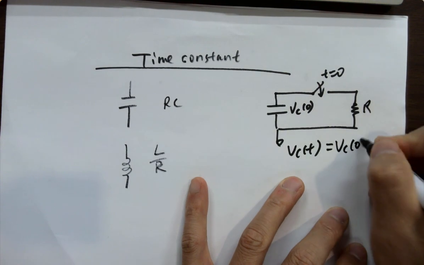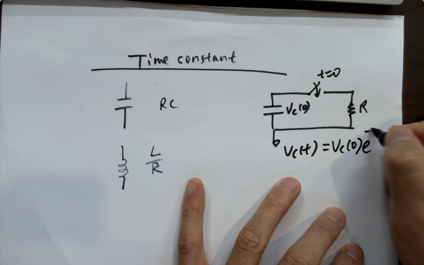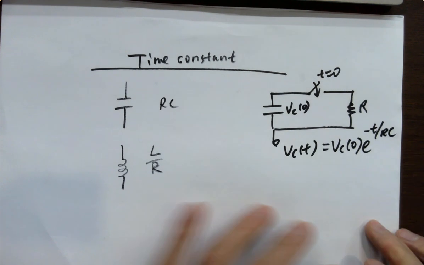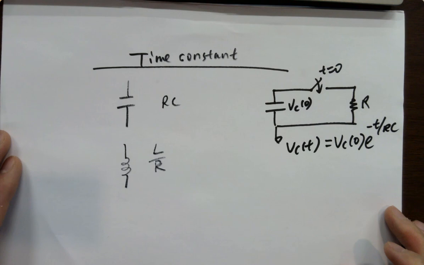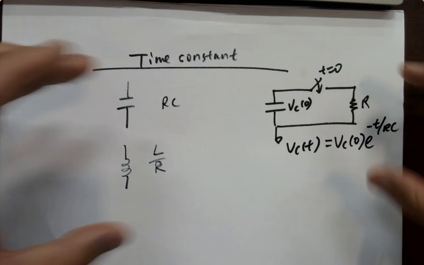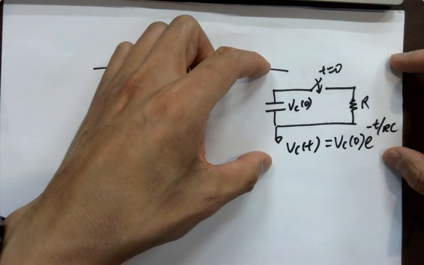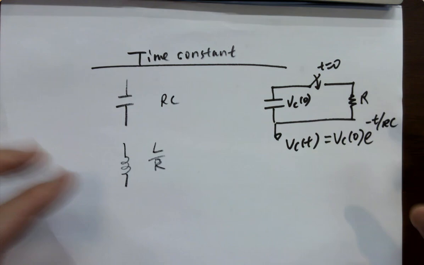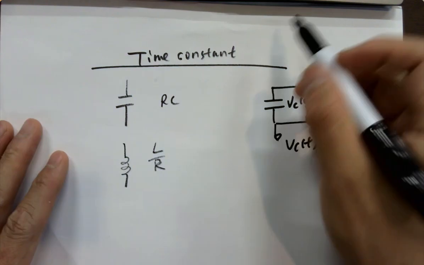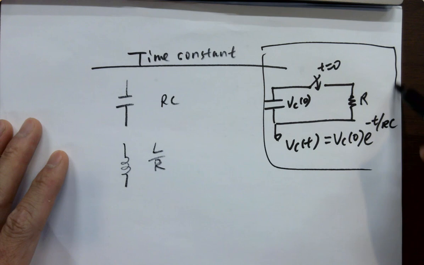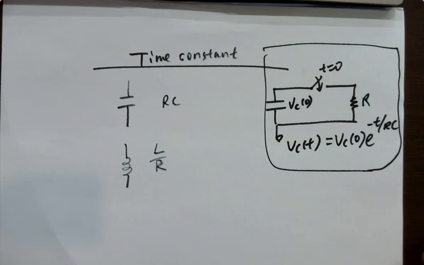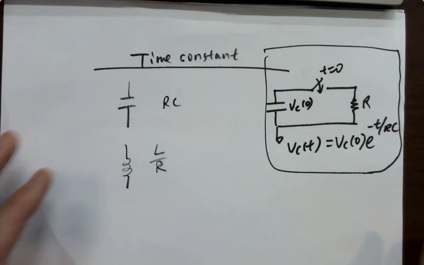The initial voltage times the attenuation factor, right? That's the very first example you just have to know. We spent the entire last week to let you learn it. If you couldn't remember the step responses, you just have to know this at least.